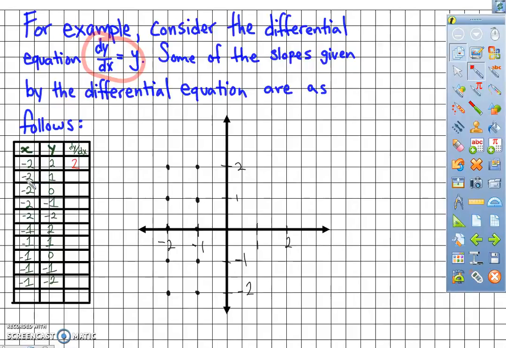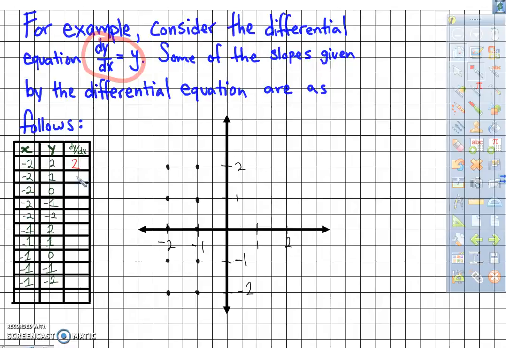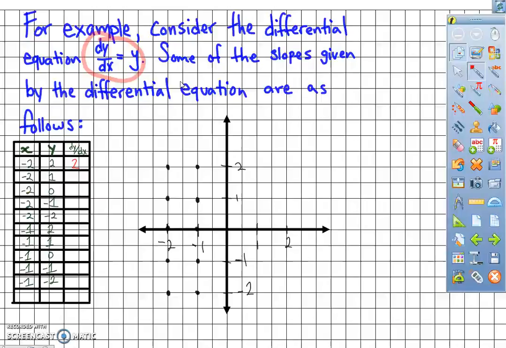Okay, if we move on to the next one, negative 2 comma 1, notice that when x is negative 2 and y is 1, we're going to plug y equal to 1 into my differential equation to produce 1.